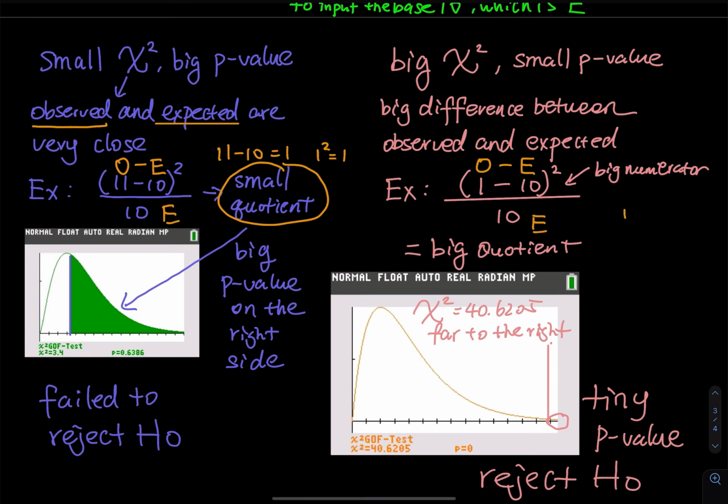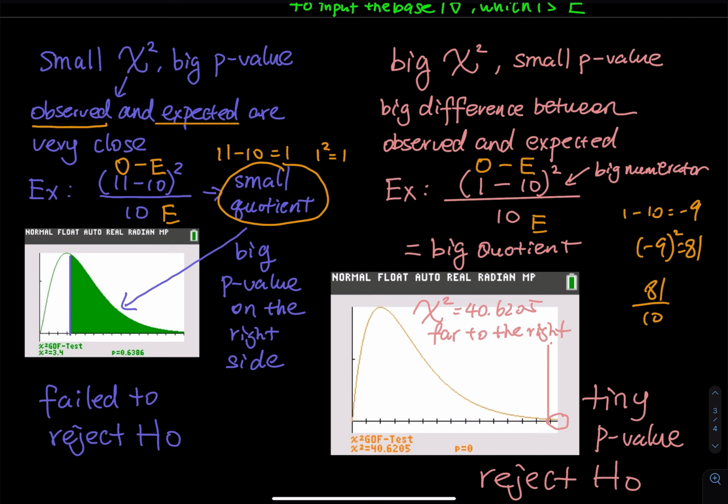So 1 minus 10 equals negative 9, and you square negative 9, you get 81. There is a big difference between the two numbers, and you square that big difference, so you get a very, very large numerator. You take 81 divided by 10, and you get a very big quotient. So imagine that you have 6 big quotients added together. That's why the chi-square is so big.